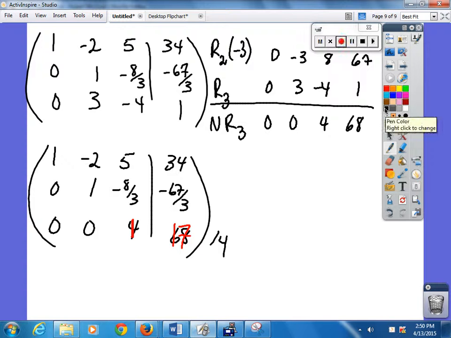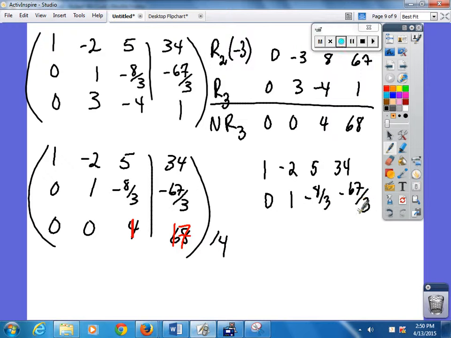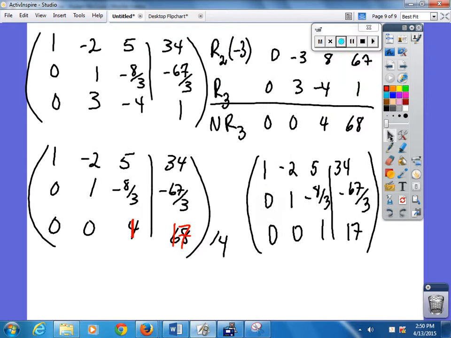Now I've got 1, negative 2, 5, 34; 0, 1, negative 8/3, negative 67/3; and 0, 0, 1, and 17.